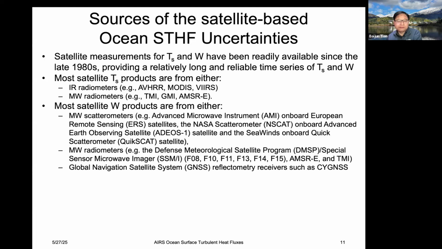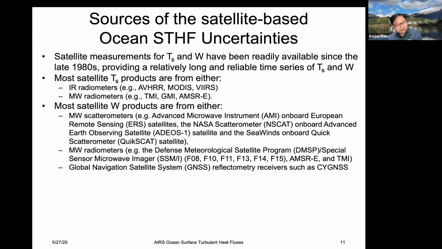For satellite measurements of surface temperature and near-surface wind speed, these datasets have been available since the 1980s. They usually have a relatively long, reliable time series, and it's good. The uncertainty is much smaller in these two variables.